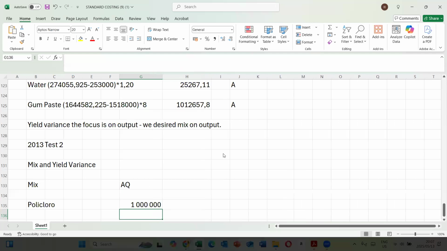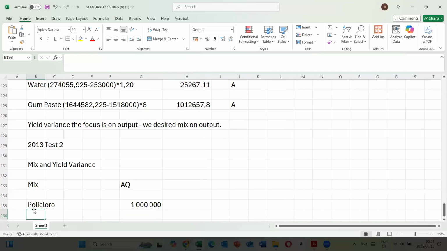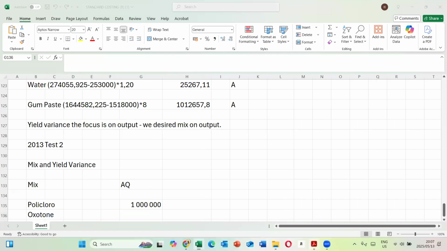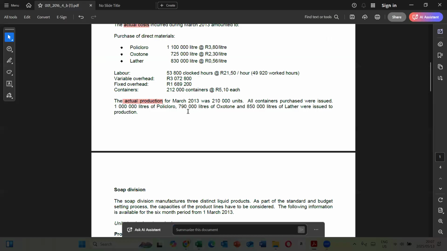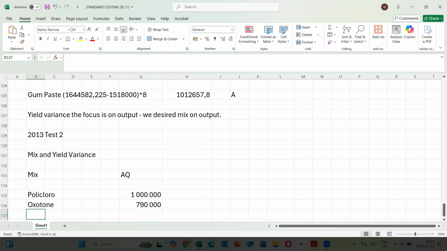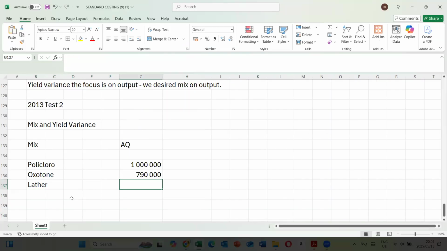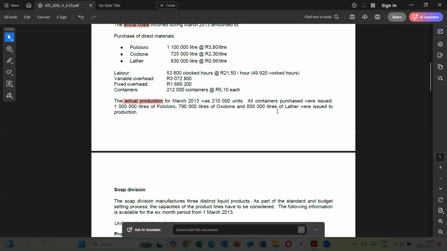And then after that, we have another ingredient, which is oxotone. In regards to this oxotone, they used 790 liters of oxotone. And then after that, we look at lather. Lather is sitting at 850 liters.